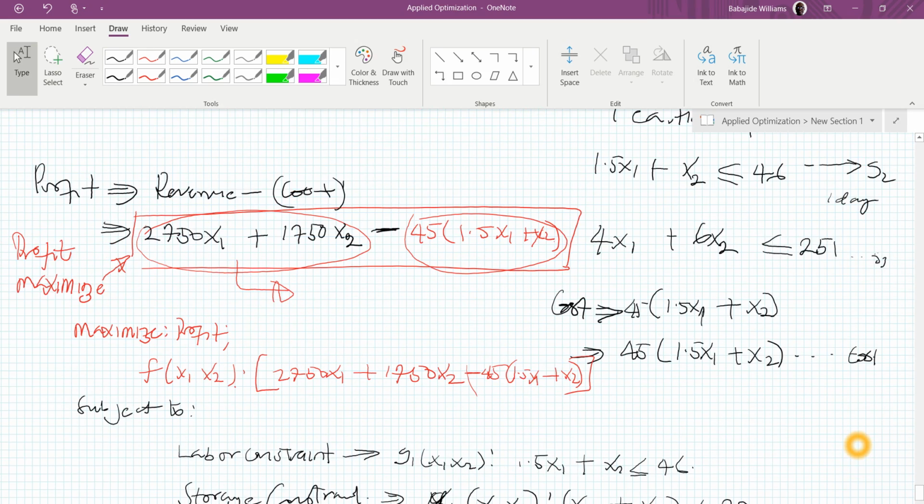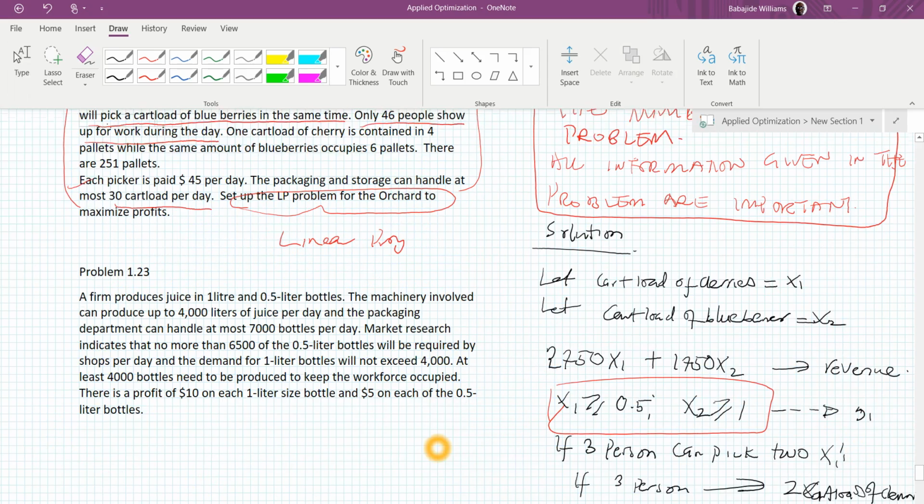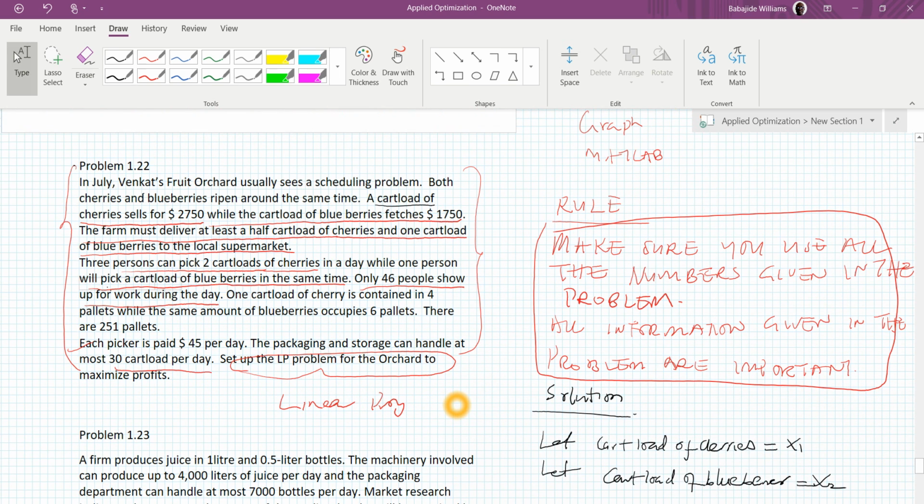What are those actually? The farm must deliver at least half a cartload of cherries and one of blueberries.